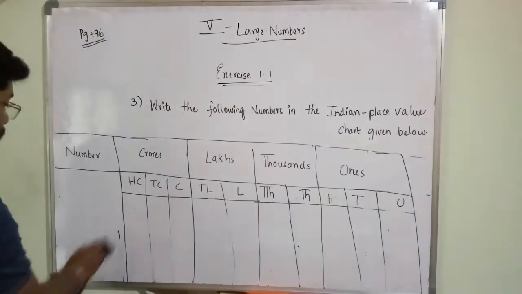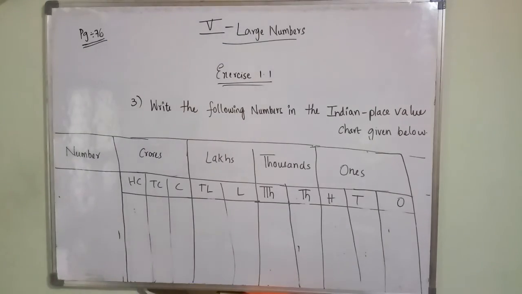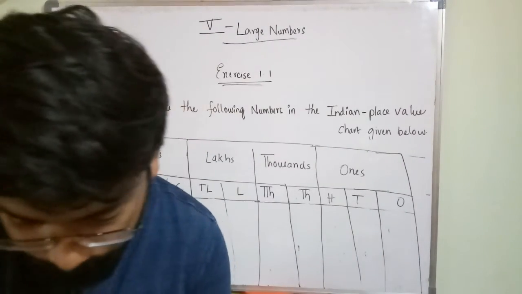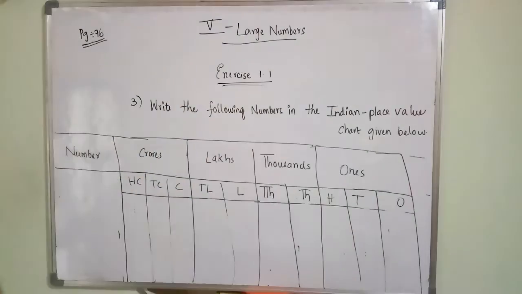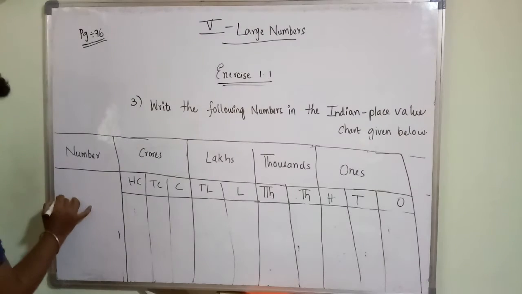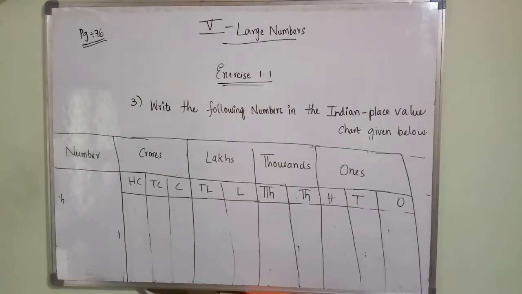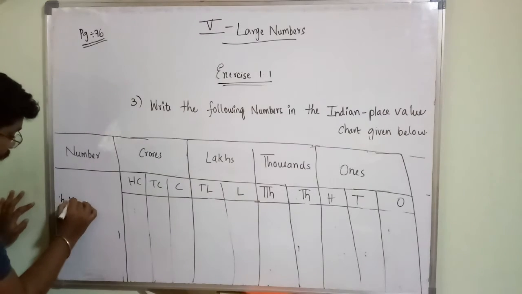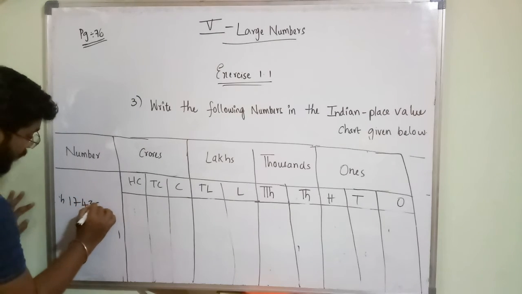What is the next one? H. H is 1743 9247.